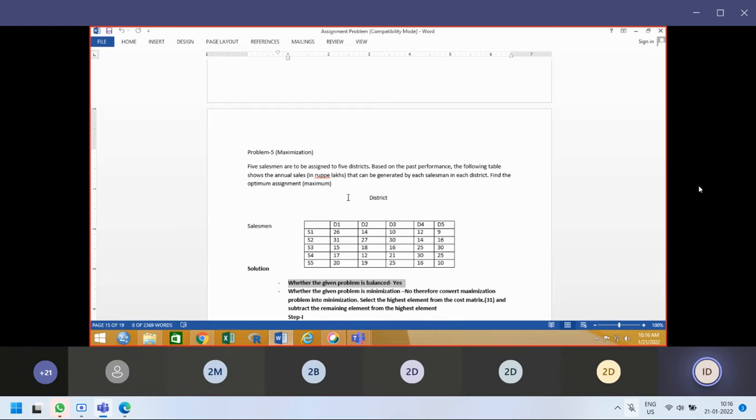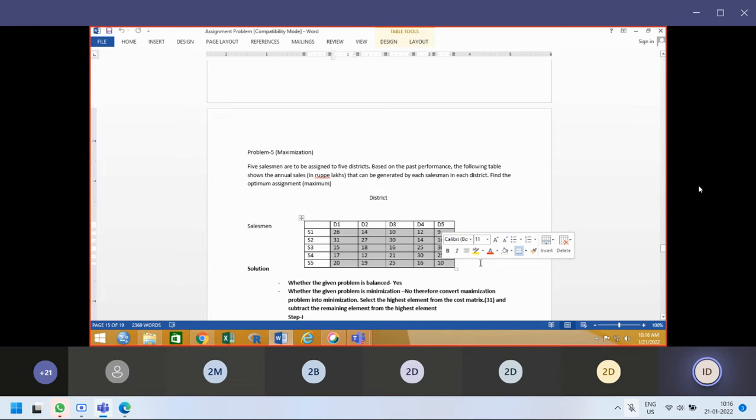In terms of decision science, it is called converting the profit matrix into a loss matrix, right? This entire cost matrix is a maximization cost matrix.